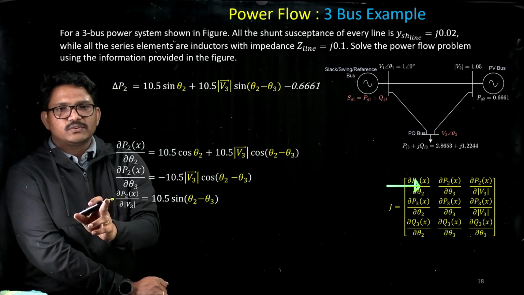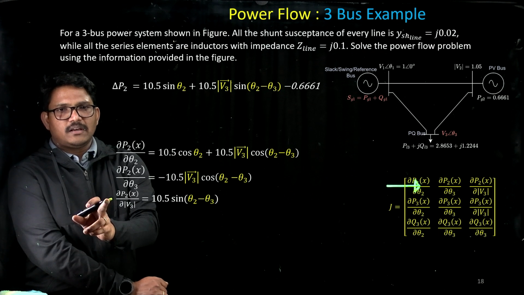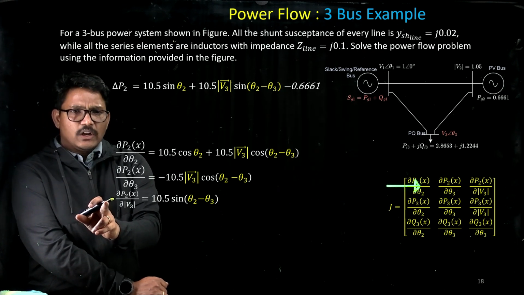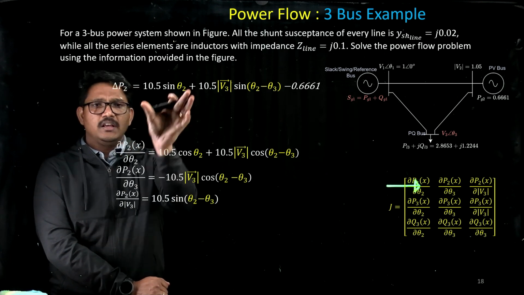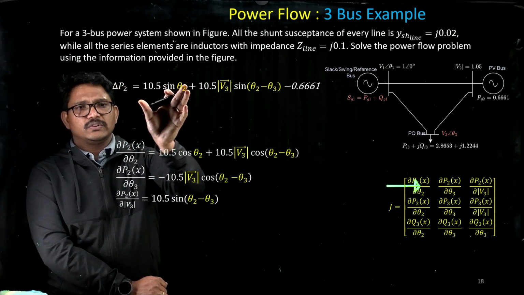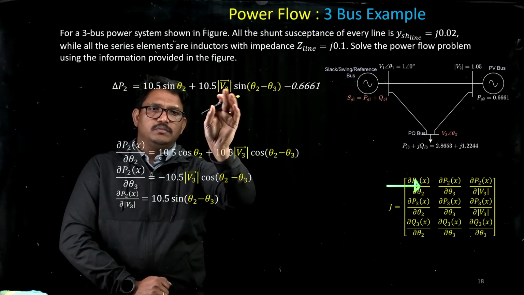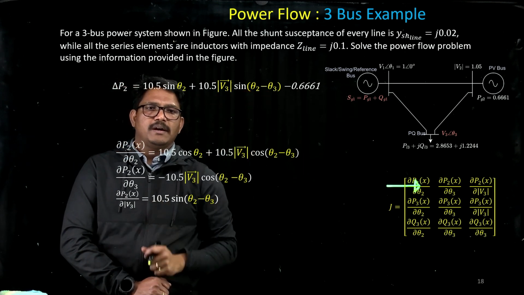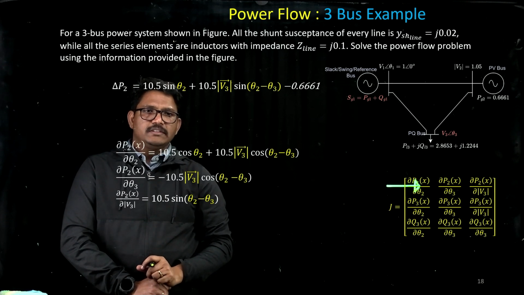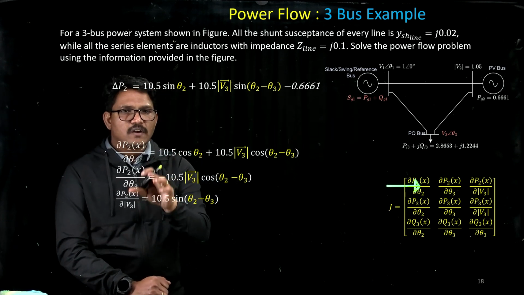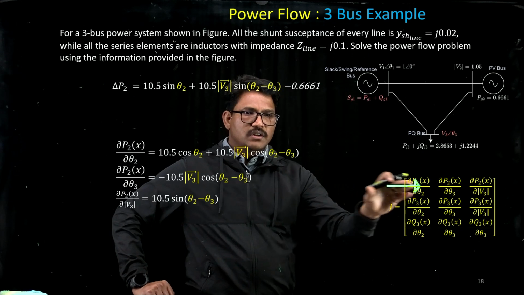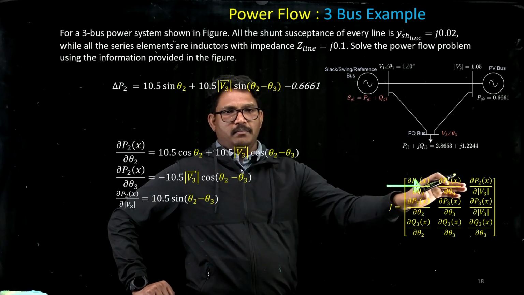And the third thing is differentiating delta P2 with respect to V3. The first term doesn't have V3, the second term has V3 as the coefficient, so the rest of the part will be your partial differentiation there. This is how we'll be getting the elements of the first row in the Jacobian matrix.